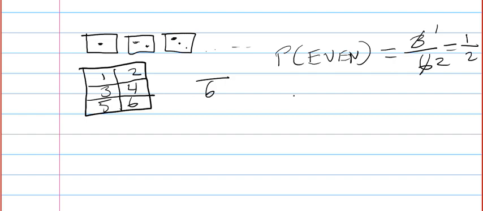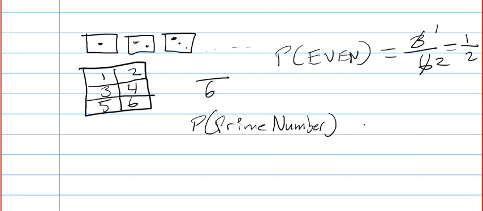What's another example? Another example is prime numbers. All right. So another is prime numbers, right? Probability of prime numbers, right?